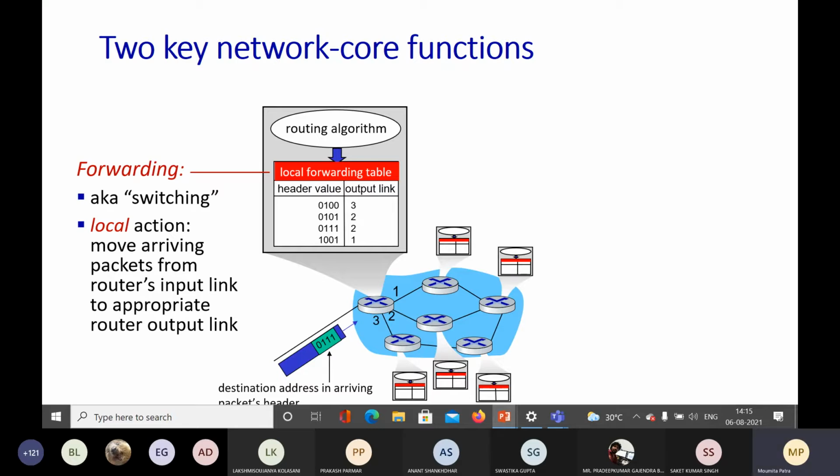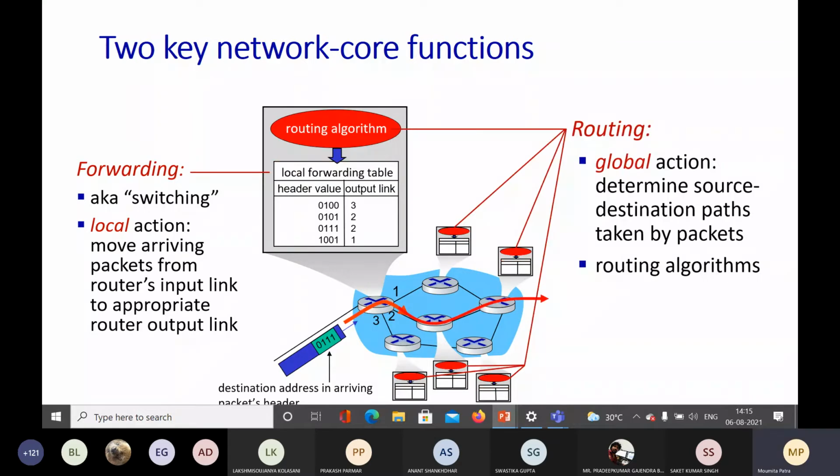Forwarding is a local action. It is also known as switching. And routing is a global action. As I already mentioned, it determines the source-destination path that should be taken by the packet.